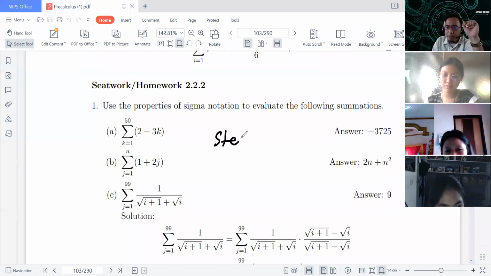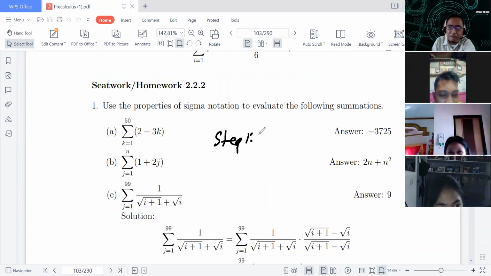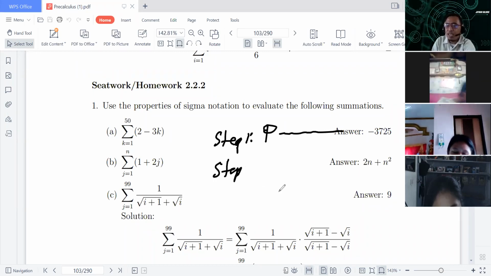What is step 1? The very first step, Mark, is to practice solving problems. Okay? Step number 2? Any guess?